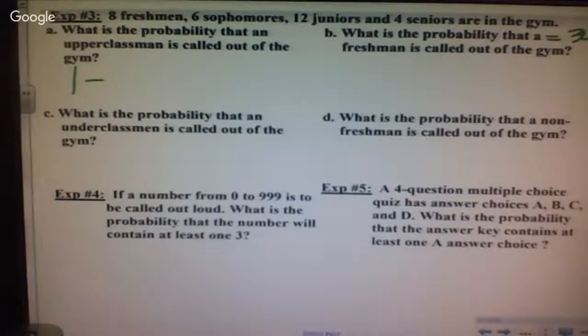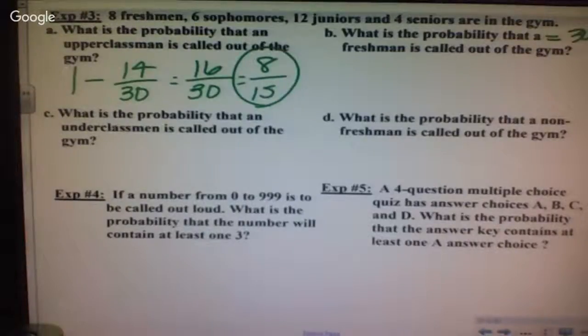Okay, I need to take out the freshmen and the sophomores, which is what? That's 14 out of 30. So if I take out the underclassmen, that means I've got 16 out of 30. Or 8 out of 15.